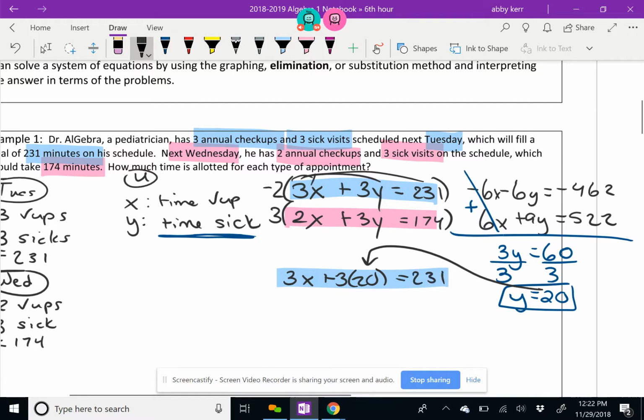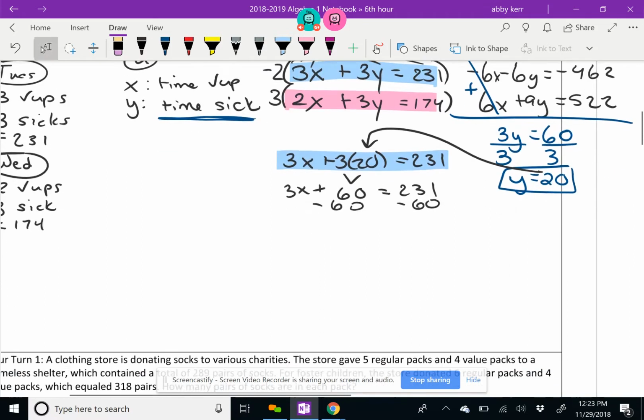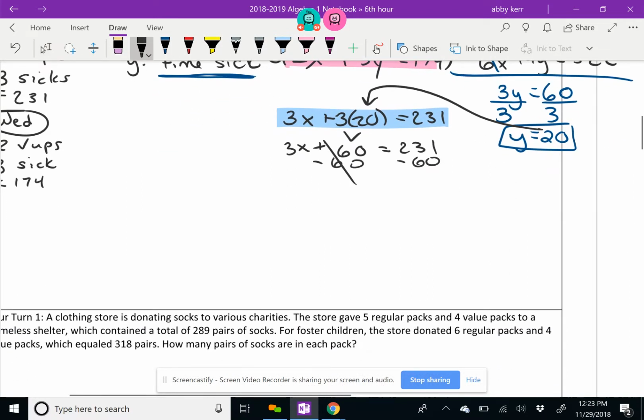And then equals the 231. 3 times 20 is 60. Minus 60 on both sides. So then I have 231, take away 60, gets me 171. Now I have a one step.